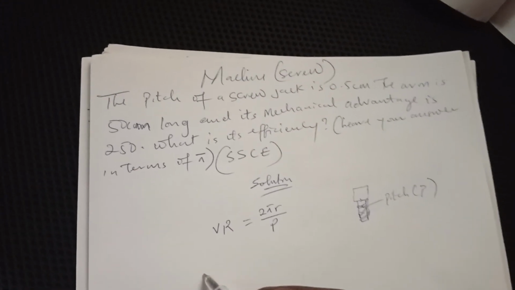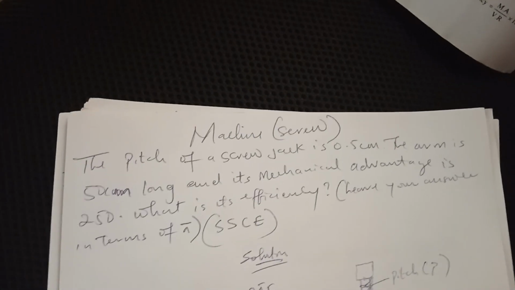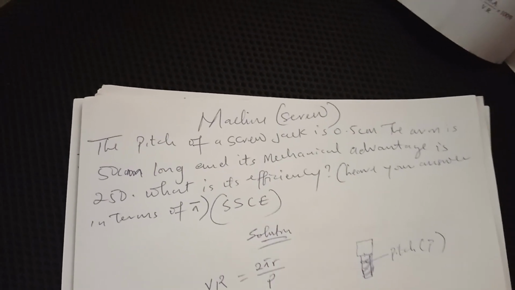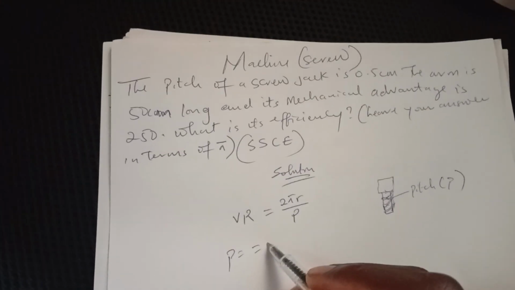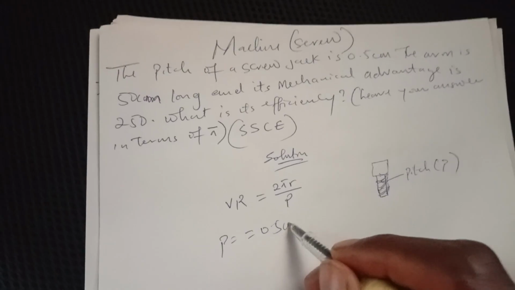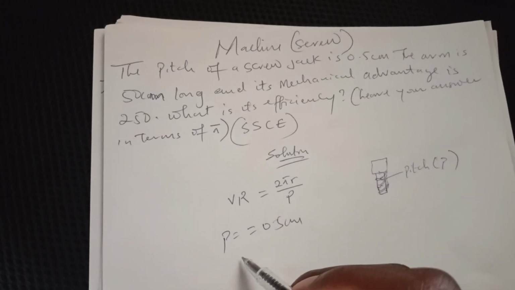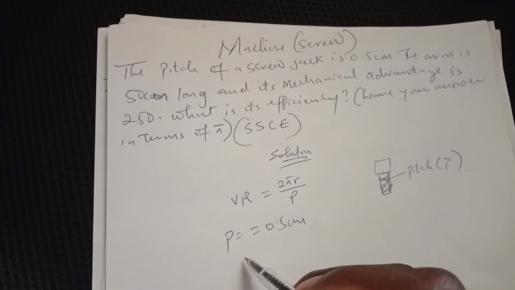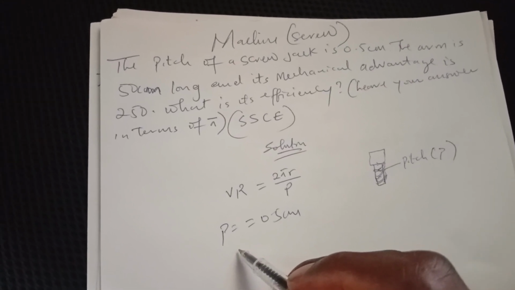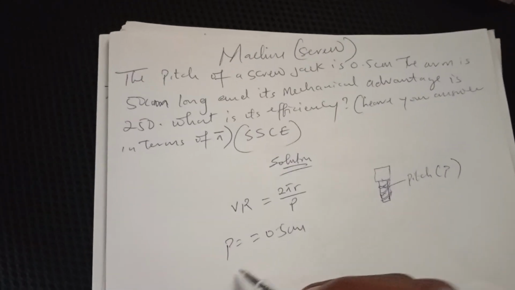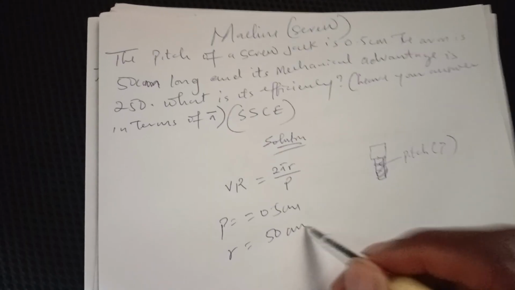What are the things given in the question? The pitch of the screw is given, which is our P, 0.5 centimeter. The arm, which is also known as the radius, is 50 centimeter.